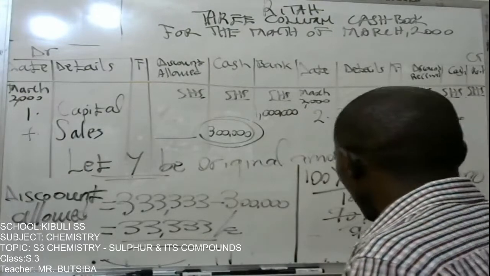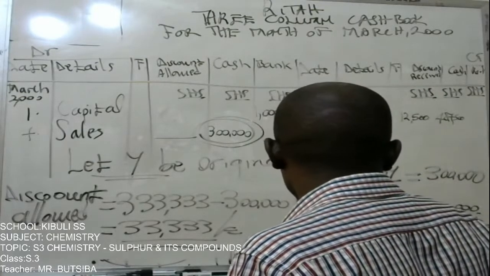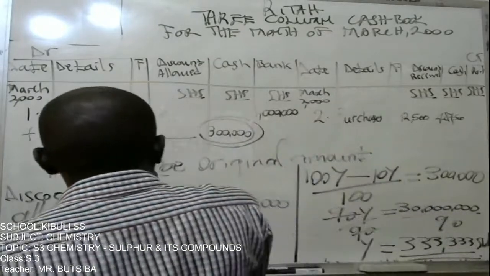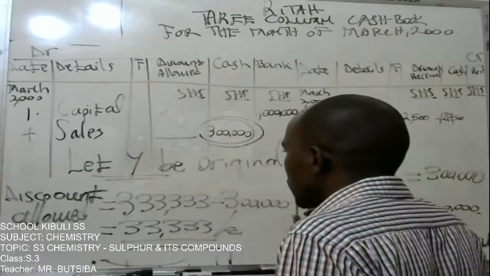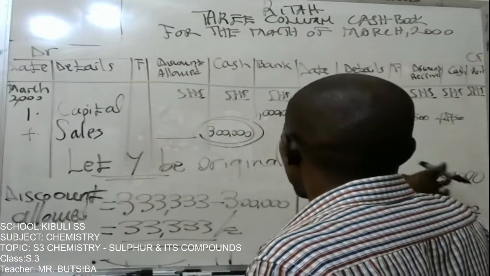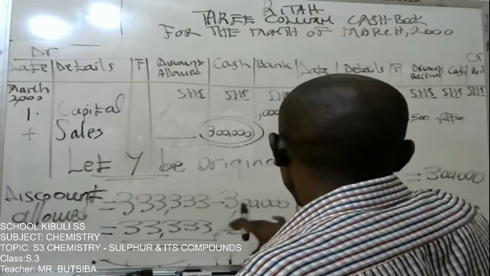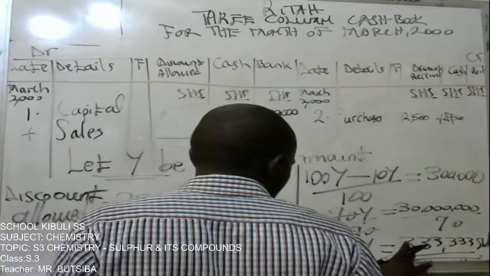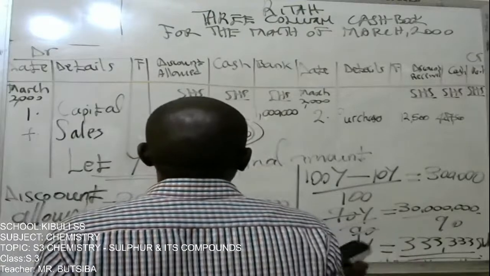And you can even derive using another formula, but at least this one is also very direct. You simply let Y be the original amount. So Y minus the percentage discount of Y equals the amount you receive. Then you start deriving or making Y the subject of the formula.